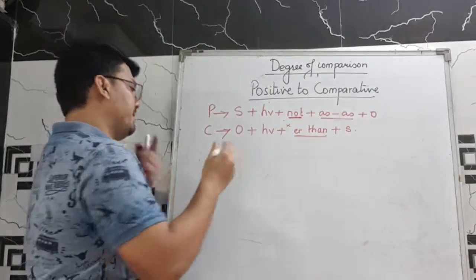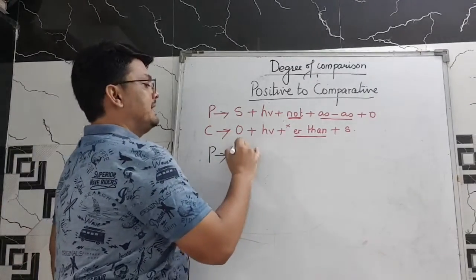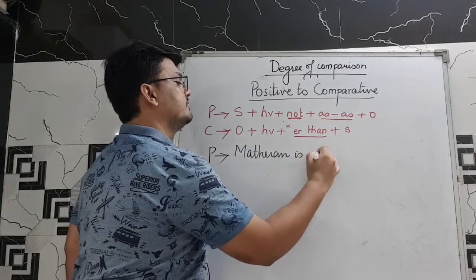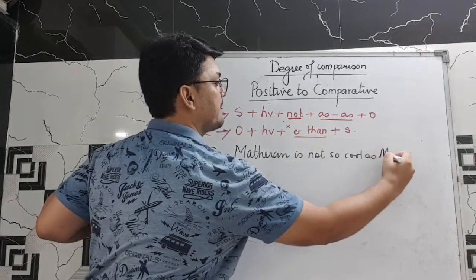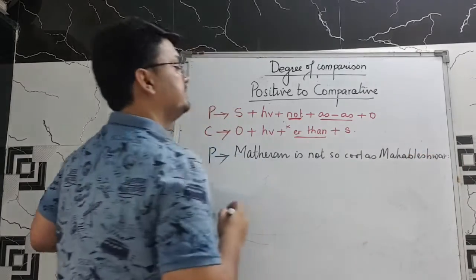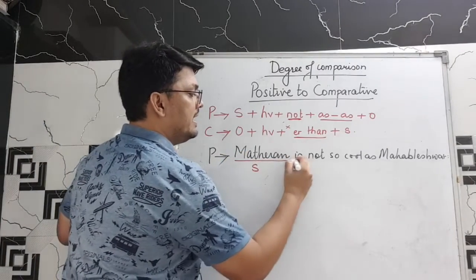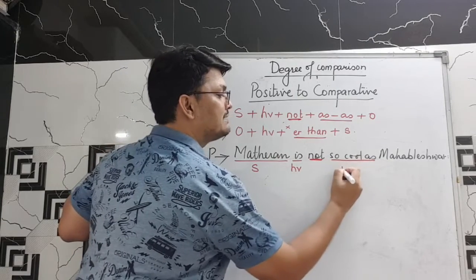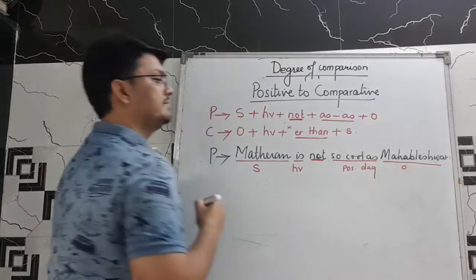So now let's take an example. Positive degree. Matheran is not so cool as Mahabaleshwar. So here you can see Matheran is subject, is helping verb. We have seen not over here. So cool as is positive degree, and Mahabaleshwar is object.